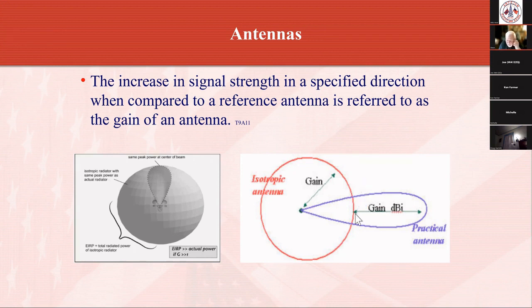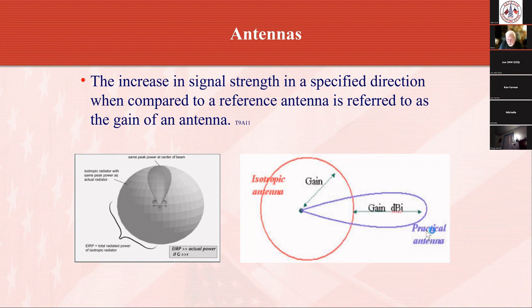Now, if you have a directional antenna and it focuses the antenna, so you get a stronger signal in one direction, that is compared to what? Well, compared to an isotropic antenna. So the gain here is dBi. The I stands for isotropic, D stands for decibels. That's a logarithmic measure, and a decibel is 10 times the log of the high power to the reference power.